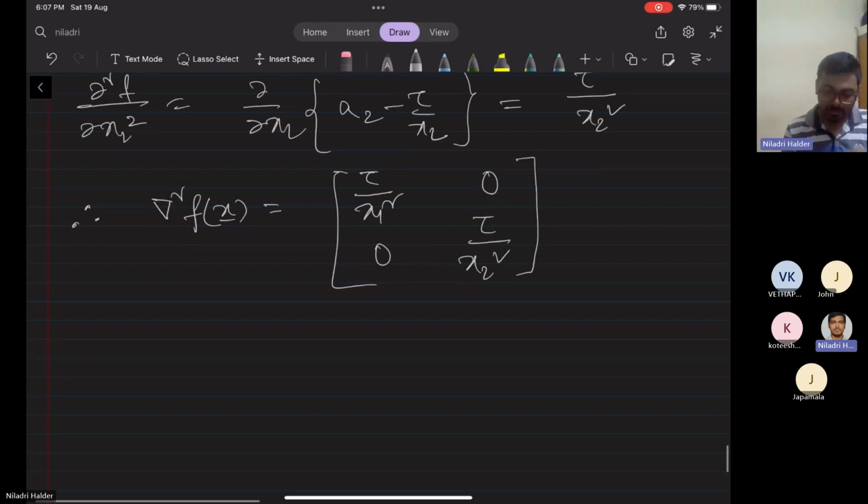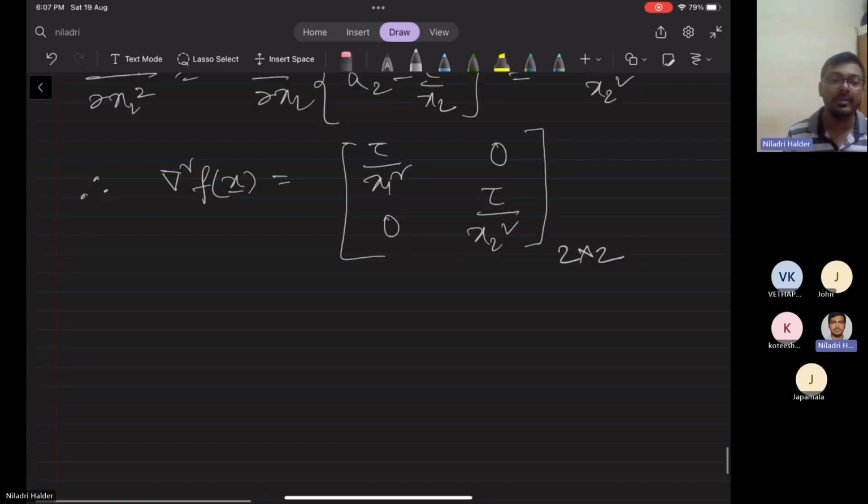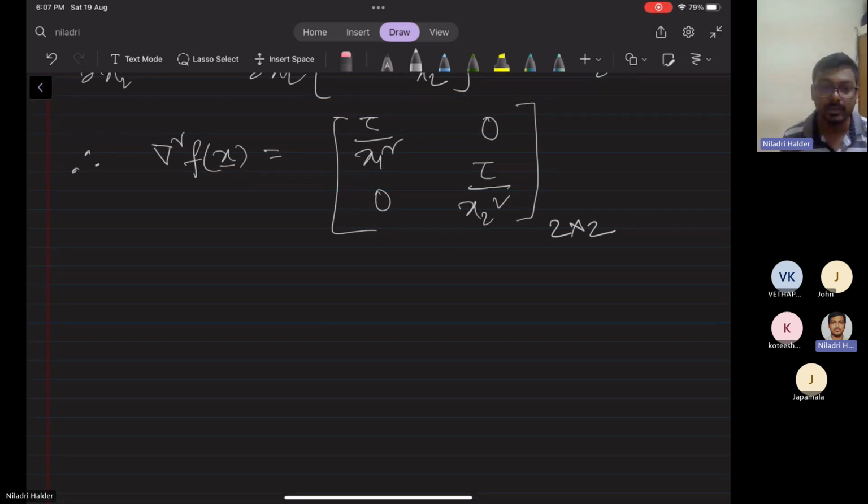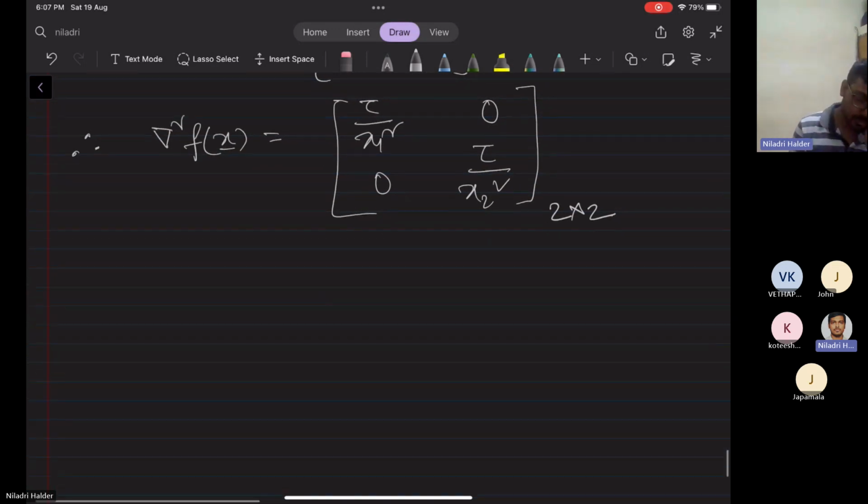Okay, so now it is a 2 cross 2 matrix. The matrix must be positive semi-definite for f(x) to be convex. Positive semi-definite means all the eigenvalues are non-negative.